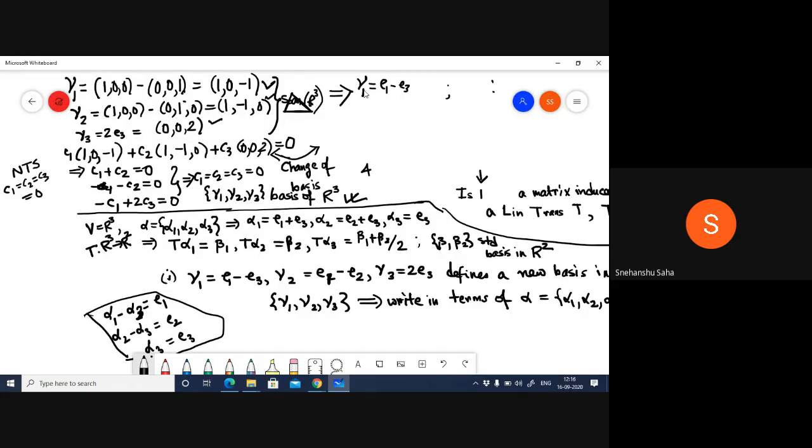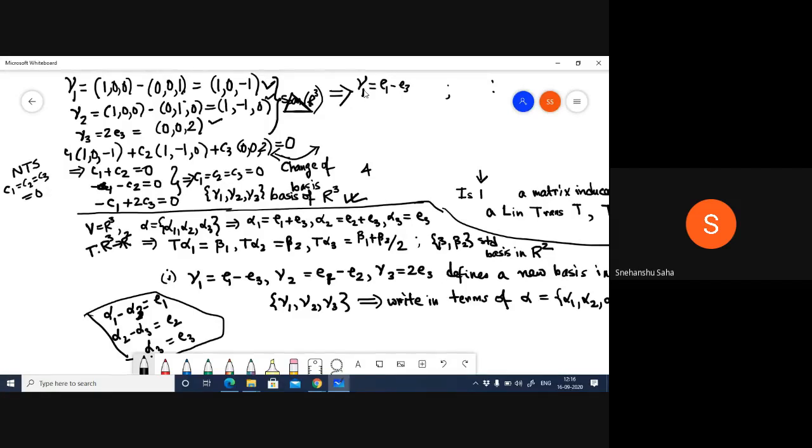I think I can, right? So if you check, what you can see is alpha 1 is E1 plus E3, and alpha 2 is E2 plus E3, and alpha 3 is E3, right?